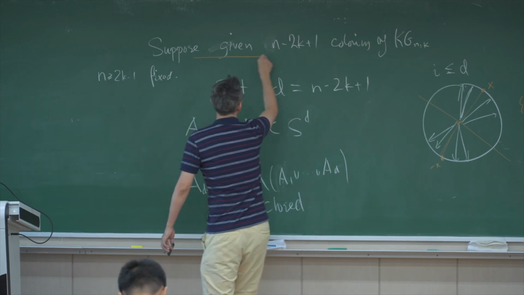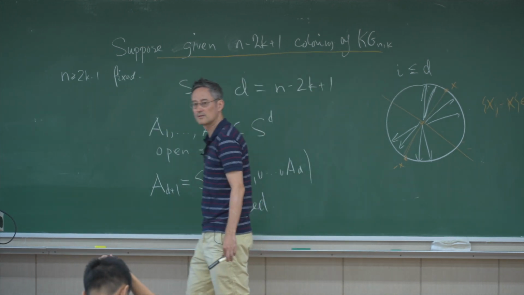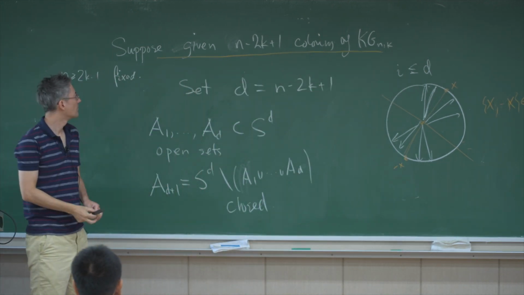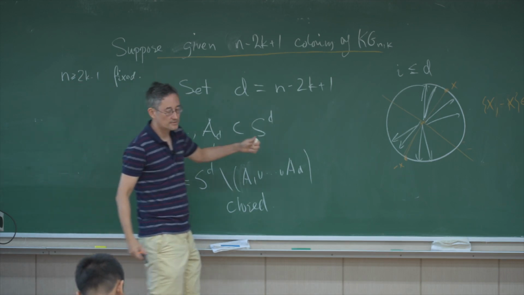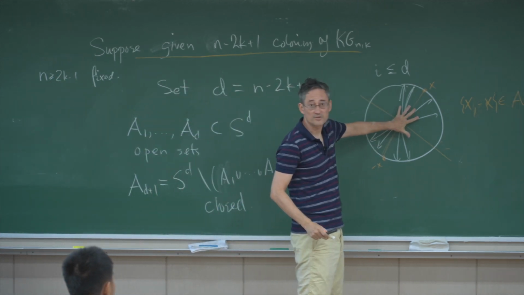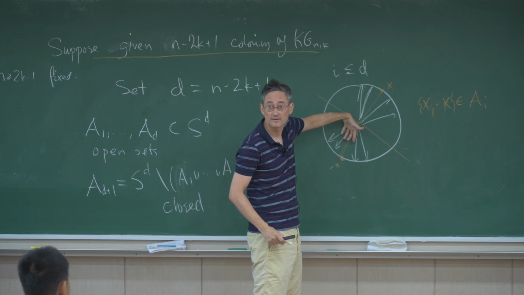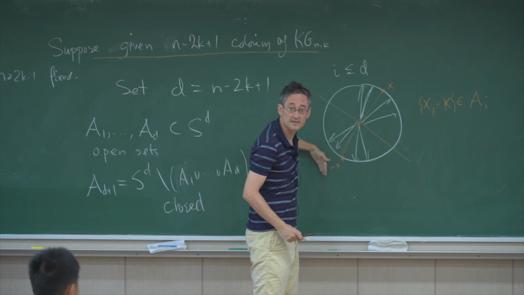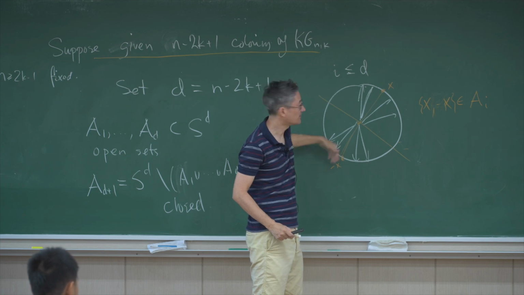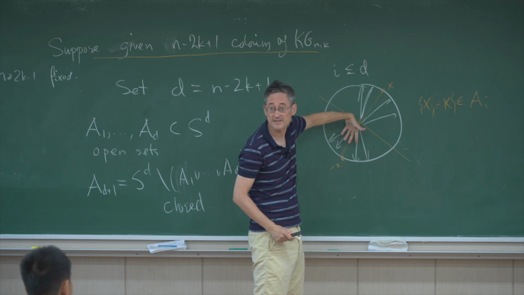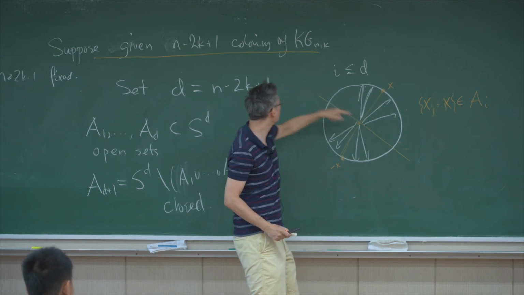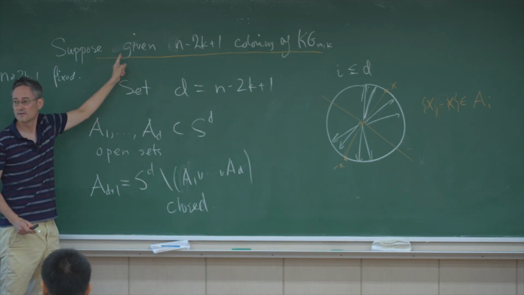Because h_x and h_minus x are disjoint, so these vectors have none of these vectors in common. This is an open half space, and this is a disjoint open half space. These k vectors are disjoint from these k vectors. But if you go back to the graph, what does it mean?